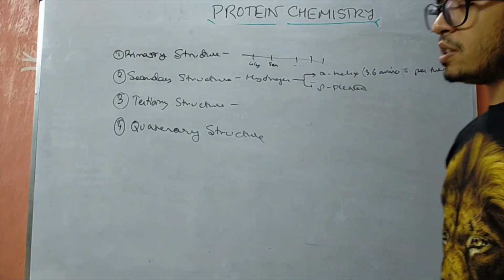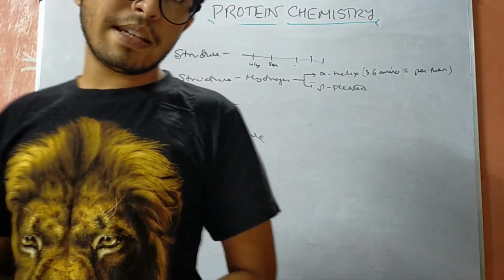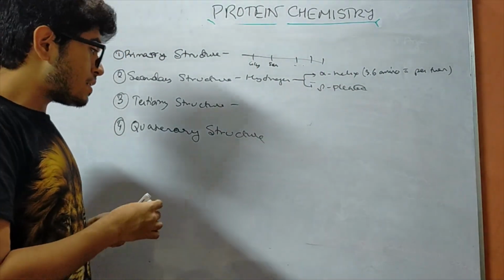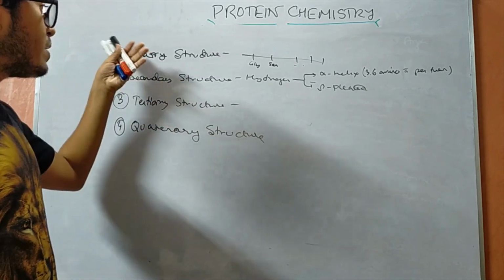So these are the various reactions which take place in hemoglobin molecules. This is what we have for the protein structures.